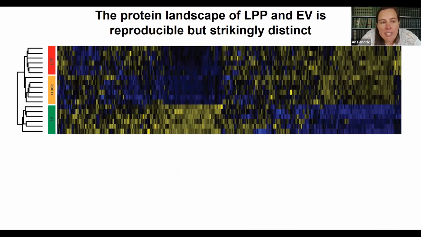More strikingly, actually, is that the crude extract corresponds more to the LPP extract than to the EV extract, which already is a first indication that we can obtain more information by getting a more straightforward and more specific separation between extracellular vesicles and lipoprotein particles.